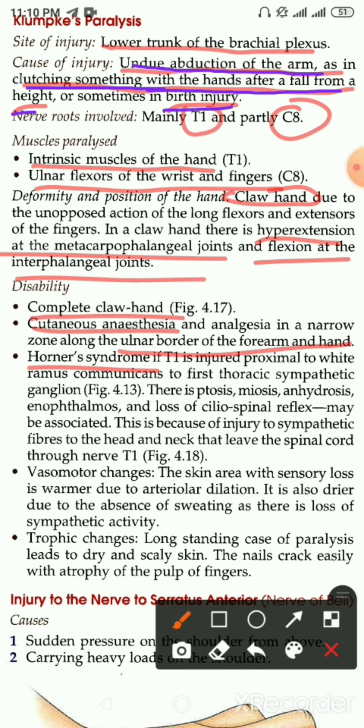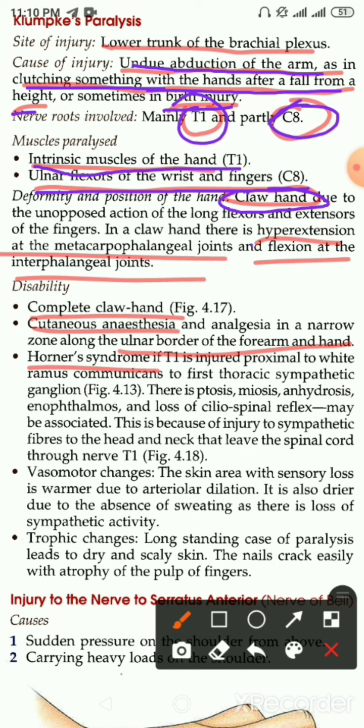The nerve roots involved are mainly cervical 8 and thoracic 1. The muscles paralyzed in this condition are the intrinsic muscles of the hand and ulnar flexors of the wrist and fingers. This condition is called claw hand. What will be the clinical presentation?